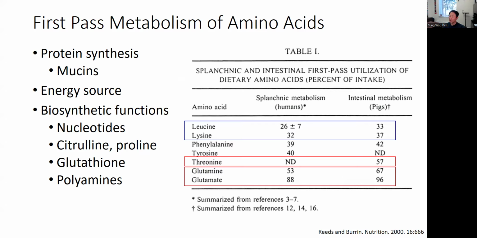We need to understand what portion of those dietary amino acids will be used by the intestine. In 2000 we thought it was just the intestine, but now a good portion of first pass metabolism will be done by microbiota or mucosal bacteria. Okay? So there are other users here.